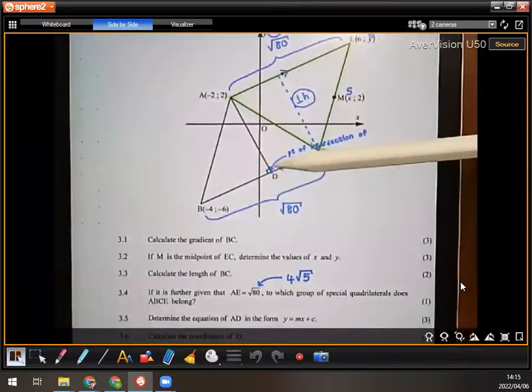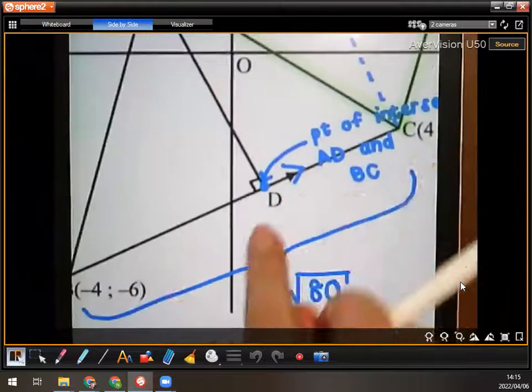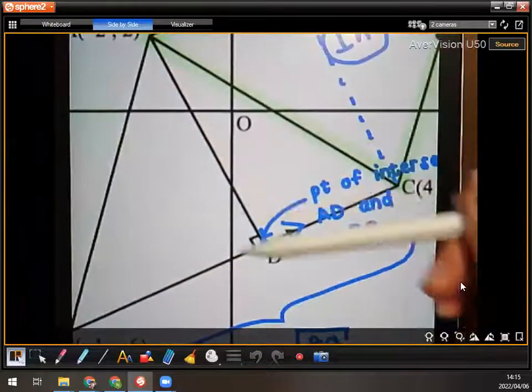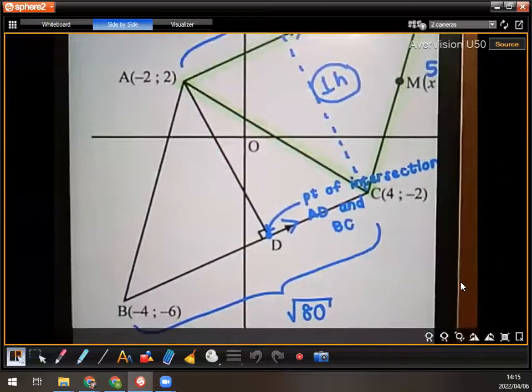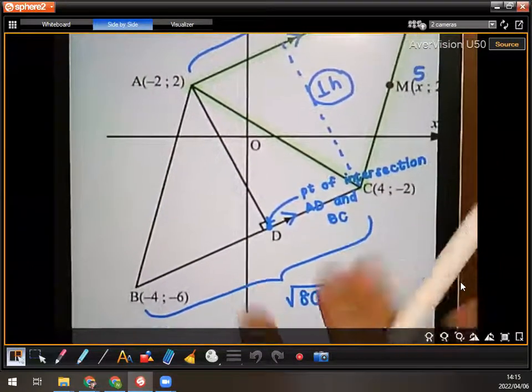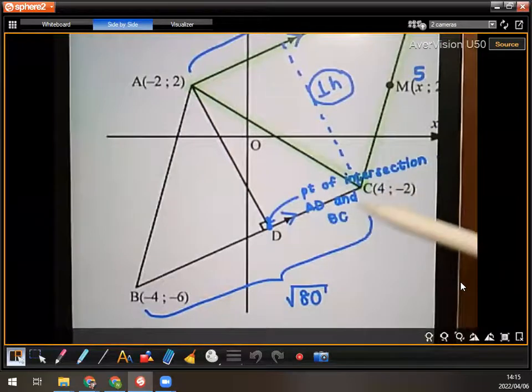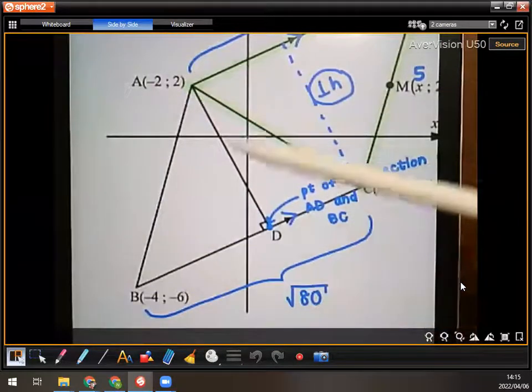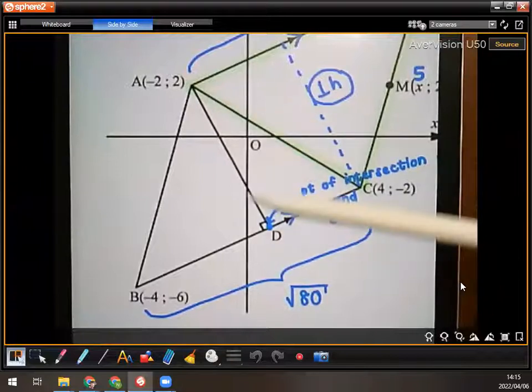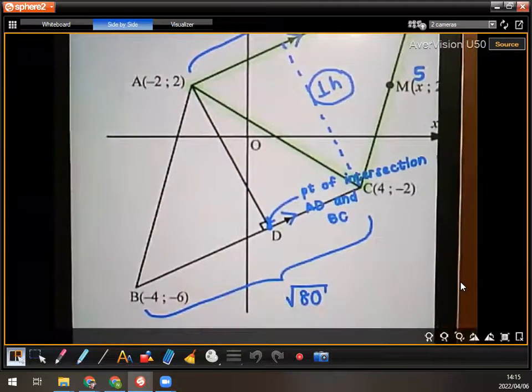No. They are showing us, if I just zoom in, that AD is perpendicular to BC. That is what they're showing us. Now if we're looking at this triangle, triangle ABC, the whole triangle, that's the bottom one. And then we are looking at AD. We see that AD is coming from a vertex of that triangle, and it's perpendicular to the opposite side.